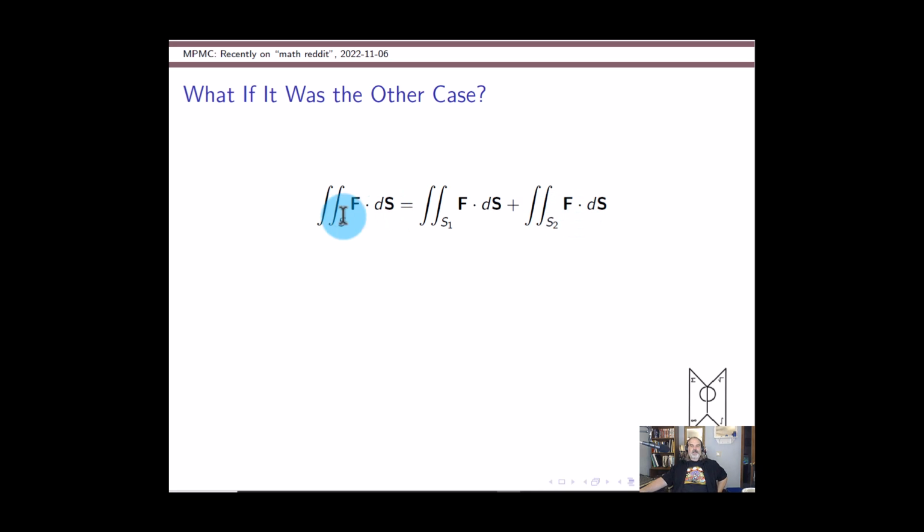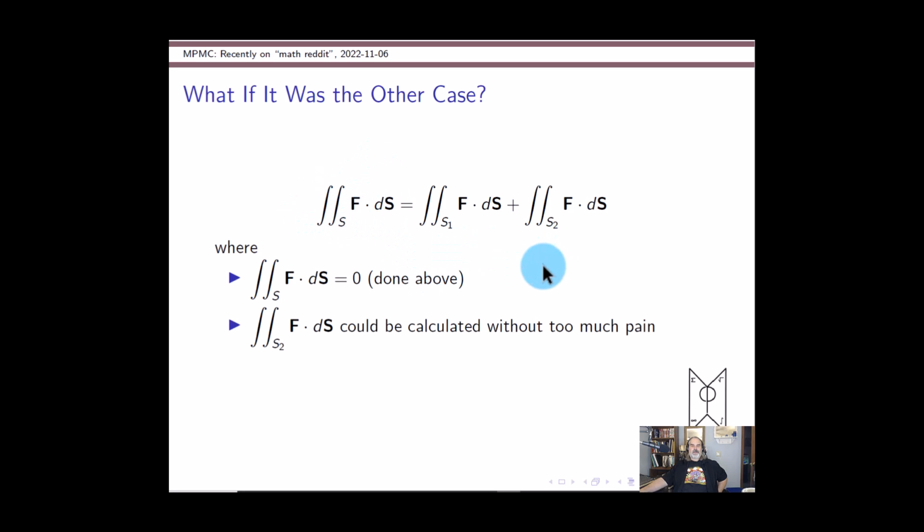So the three fluxes would have to add up like this. Now, we've already calculated that this expression on the left has to be 0.